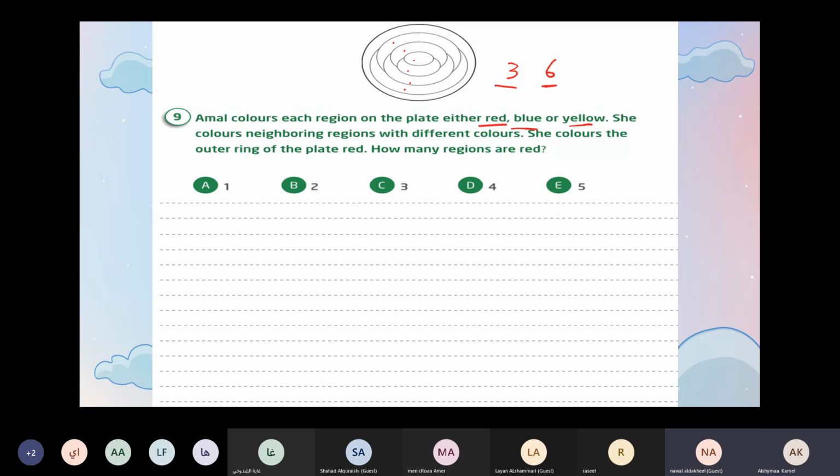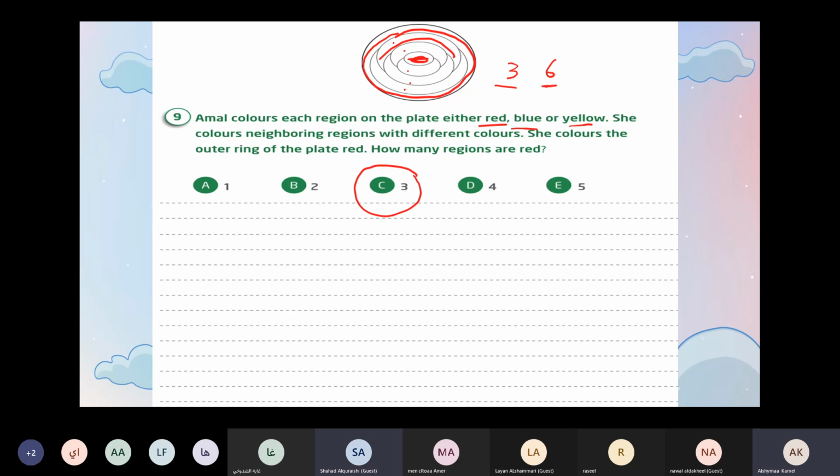Excellent. I will color this piece with red and this piece also with red. This is 2 pieces. And what else? She colors the outer ring of the plate also with red. How many regions are red? 3. Excellent. So 3.